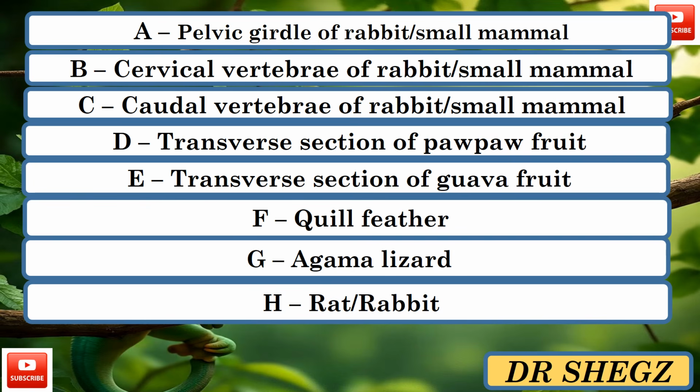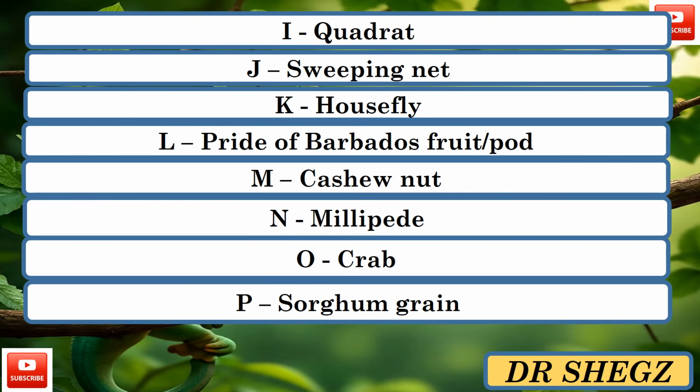Now these are the specimens for the NECO examination: pelvic girdle of a rabbit, cervical vertebra of a rabbit, caudal vertebra of a rabbit, transverse section of pawpaw fruit, transverse section of guava fruit, quill feather, agama lizard, rat.